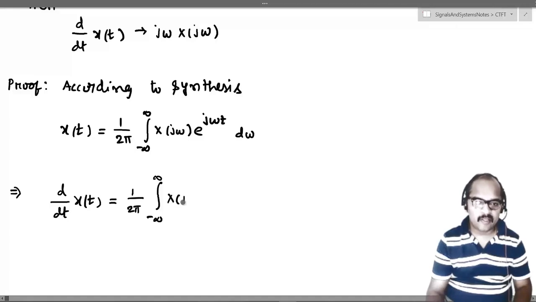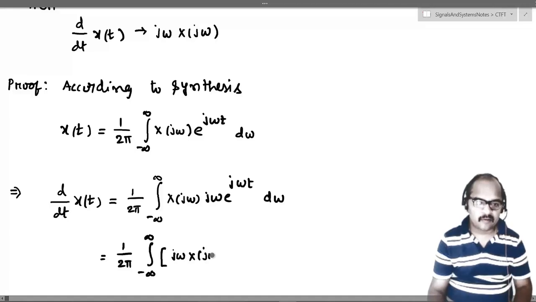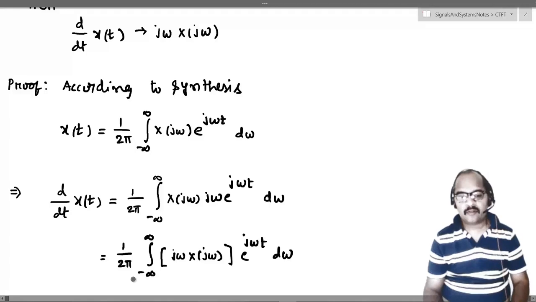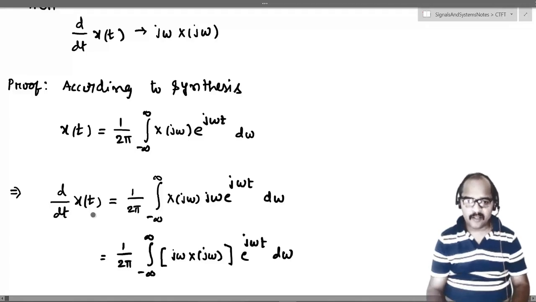So that would be x of j omega multiplied with the differentiation of e power j omega t, which is j omega times e power j omega t d omega. So this should be equal to 1 by 2 pi integral minus infinity to infinity j omega x of j omega multiplied with e power j omega t d omega. So that would be the differentiation of x of t.